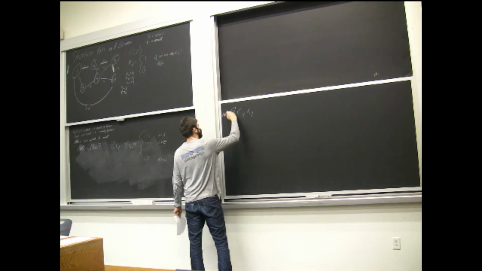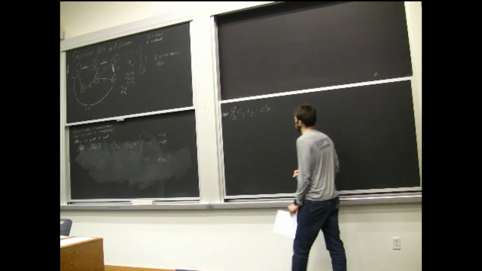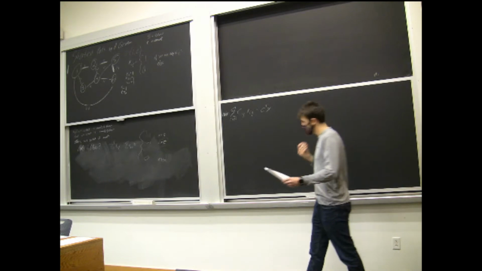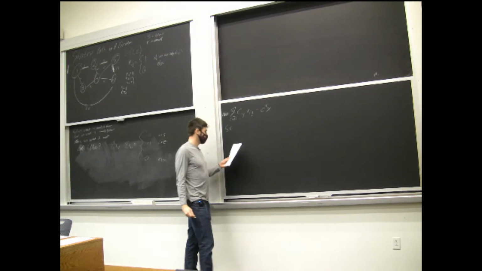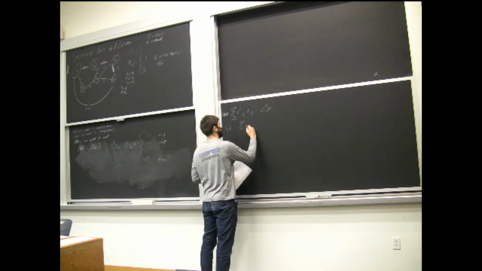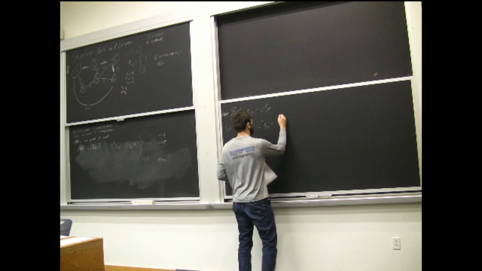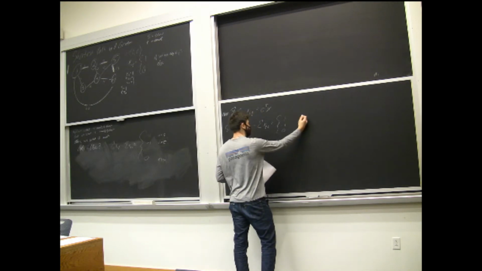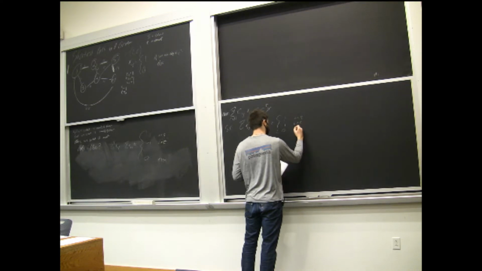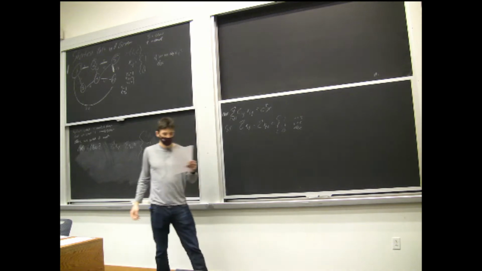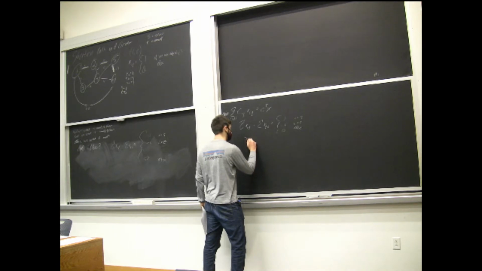So I want the shortest path, so I want to minimize the sum of Cij Xij, which I can just write as C transpose X. And then I do have constraints on this problem, so I want to minimize that subject to the sum of Xij minus the sum of Xji being equal to 1, minus 1, 0. And the last thing I want, and then so I said this, right?